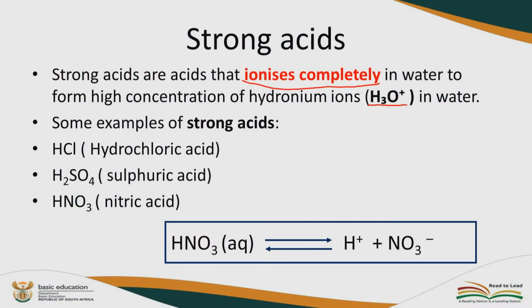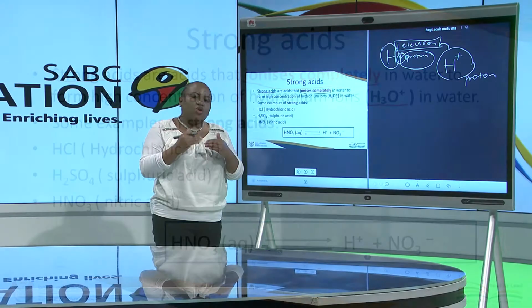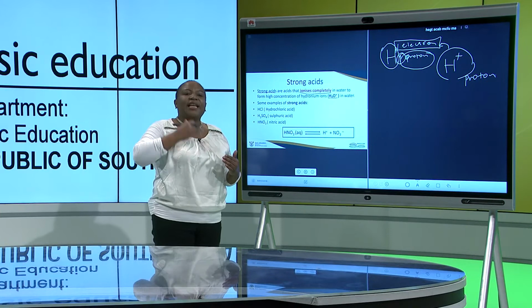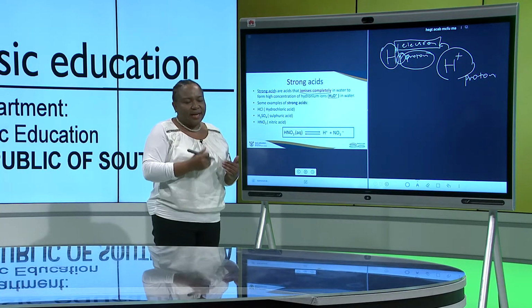The H3O+ will only be formed after the acid is ionized. So it means that strong acids ionize completely in water to form a high concentration of hydronium ions in water. The high concentration of hydronium ions is formed because the acid is a strong acid and it has ionized completely.